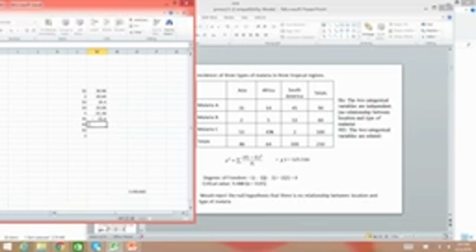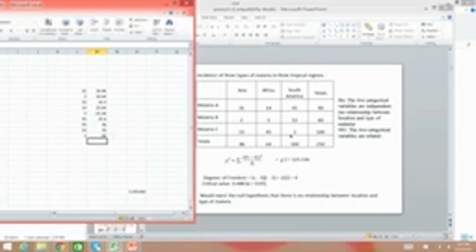The next one here will be for the equivalent to 45. So what do I do? 100 divided by 250 multiplied by 90. The next one will be 100 divided by 250 multiplied by 60. Then the next one will be 100 divided by 250 multiplied by 100.